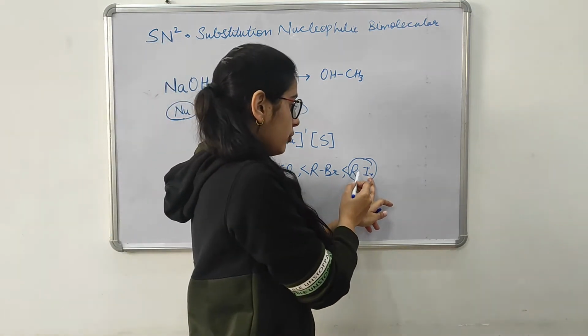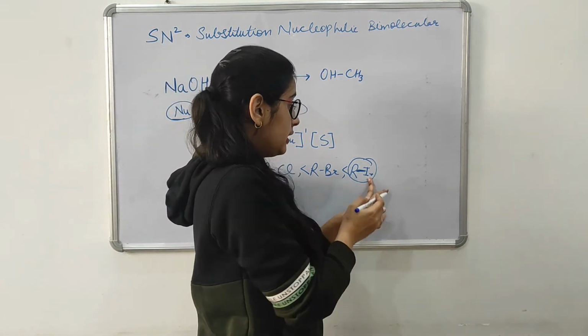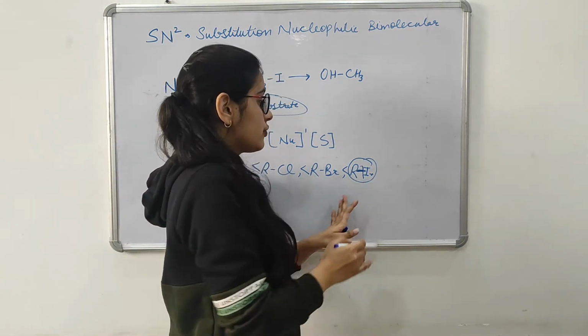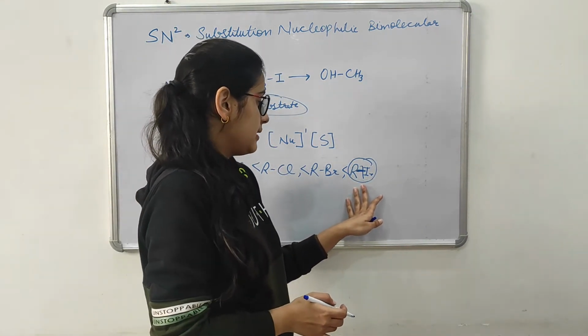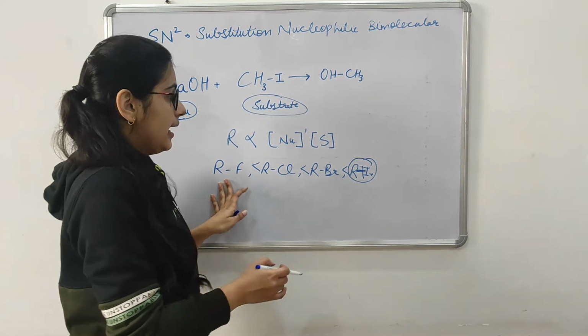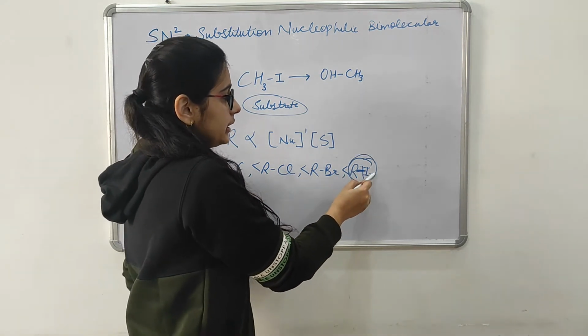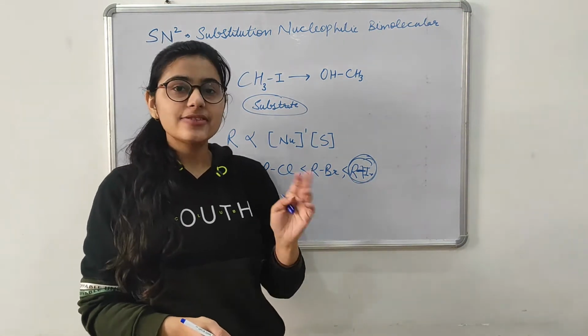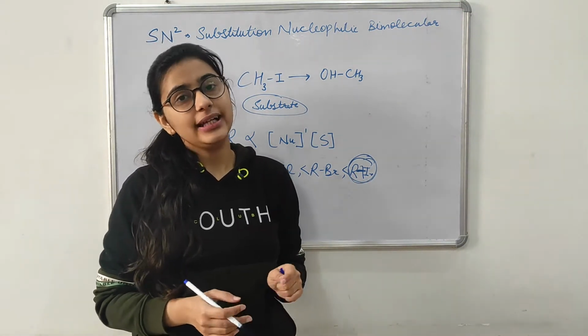That's why this bond length will be greater and it will be easy to break the bond. So this will react the fastest, then RBr, then RCl, and then RF. As the leaving group ability increases, the rate of SN2 as well as SN1 reaction will increase.